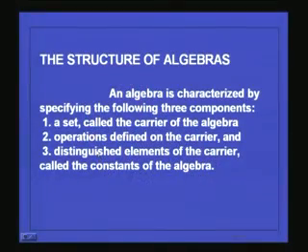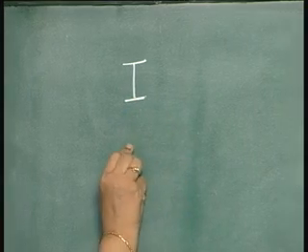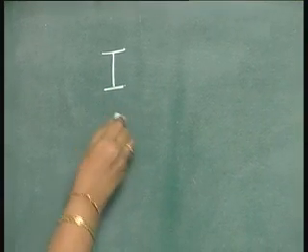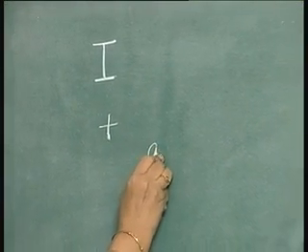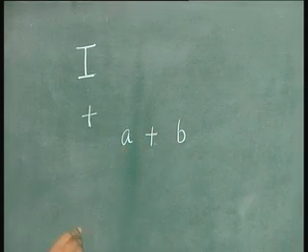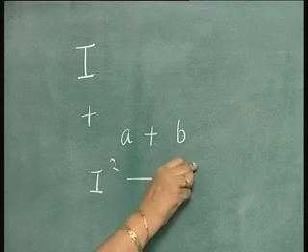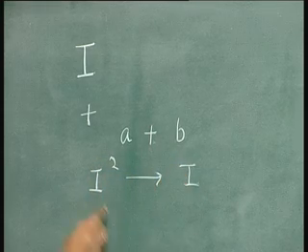Then you have some operations defined on the carrier. For example, if you take the set of integers, it could be a carrier of the algebra. Then you can define an operation addition on this. That is, if you take two integers a and b, you can perform this operation. So, this is actually an operation from I squared to I, and it is called a binary operation.